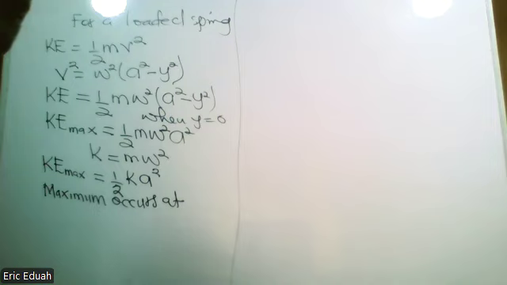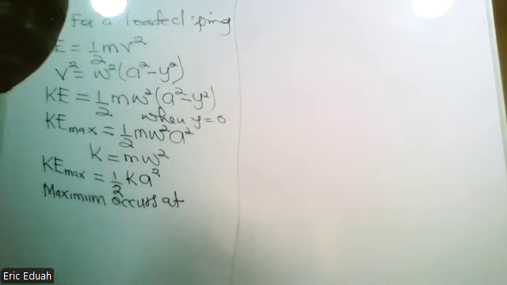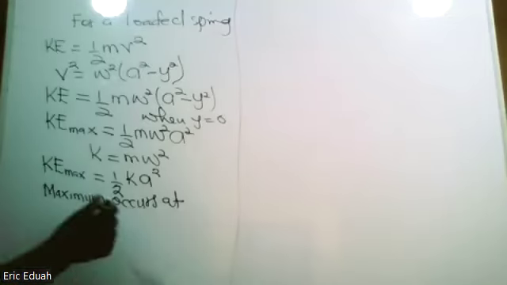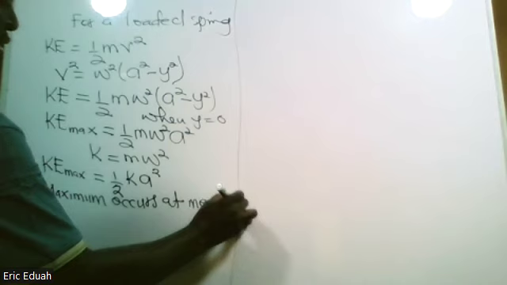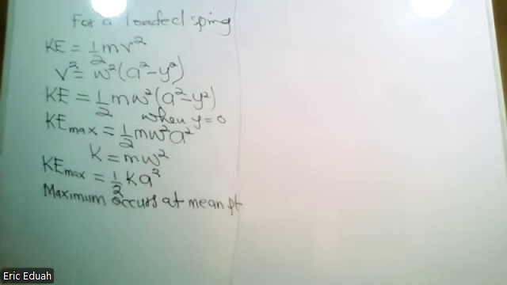Ama, Adua, Charlotte, Stephanie, where does it occur for my equation? At the mean point. So it occurs at the mean point, the reason for which we said y is equal to 0.